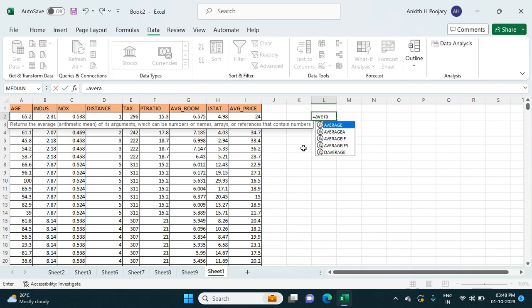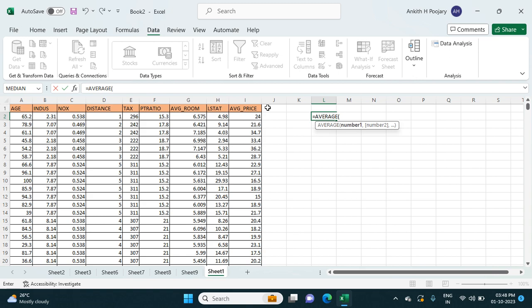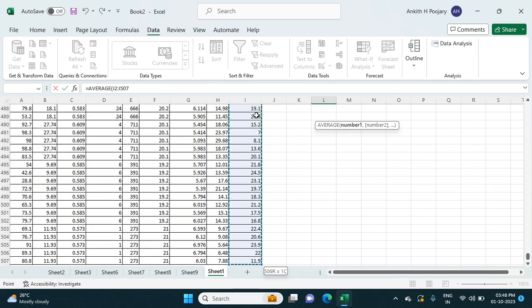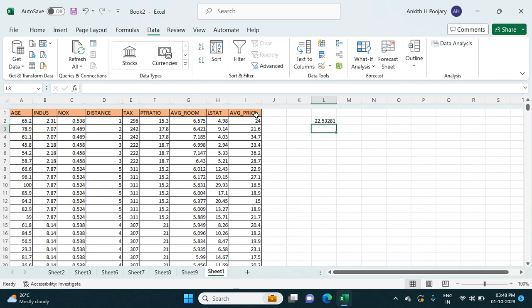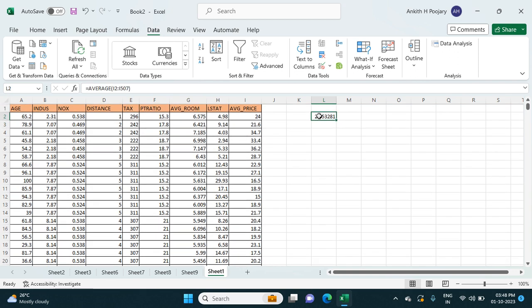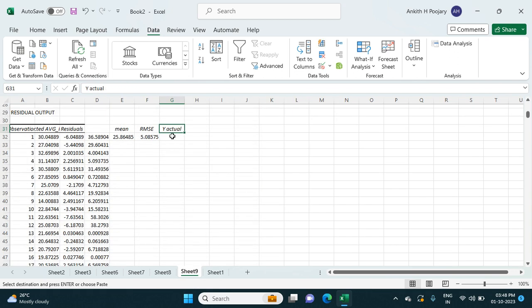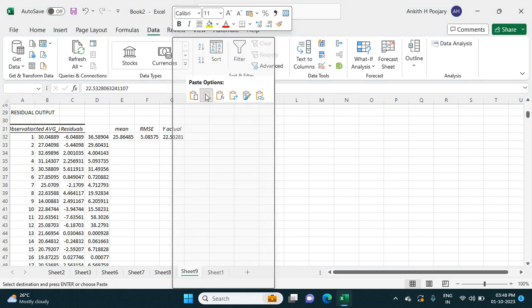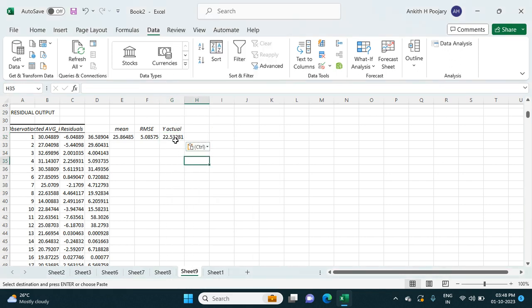So this is the average. This itself is the y actual, meaning the maximum error we can call. Then the condition is that RMSE should be 10% of this.